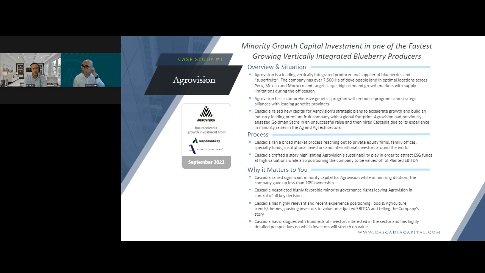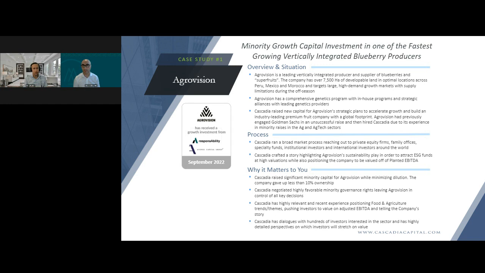The company wanted to raise a significant amount of capital to reinvest in their business for growth, both to make acquisitions and to expand the acreage and the level of orchards that they had. Their focus was to do it in the least dilutive way.